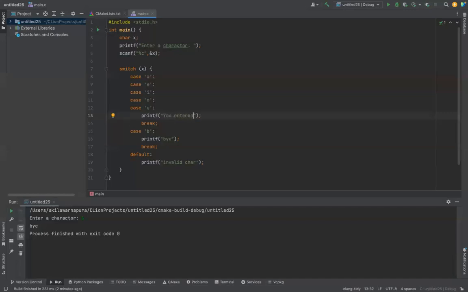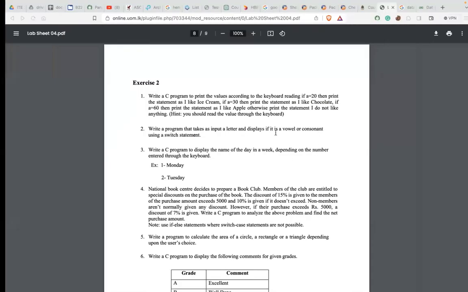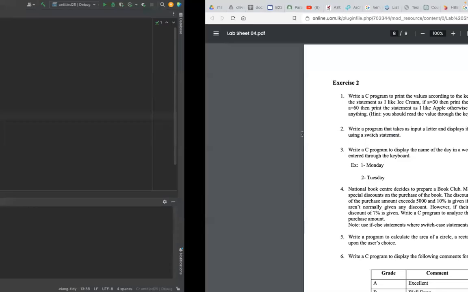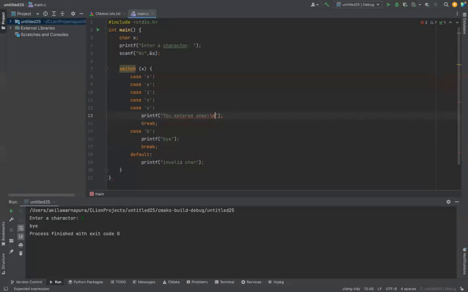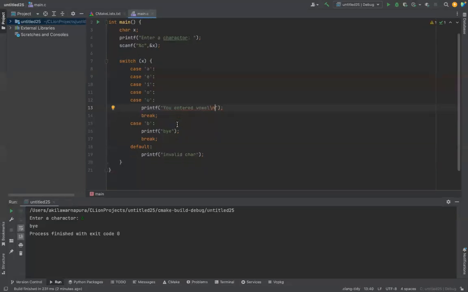You entered vowel. Otherwise, consonant. Do we need to check the vowel? After that, you have to provide the break, because we do not print any other thing. After that, we do not require any more cases.